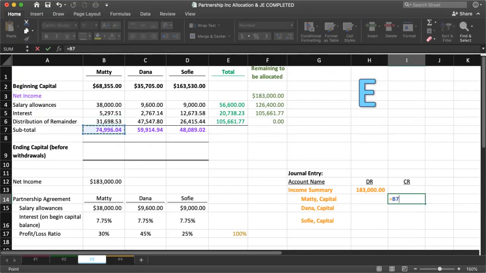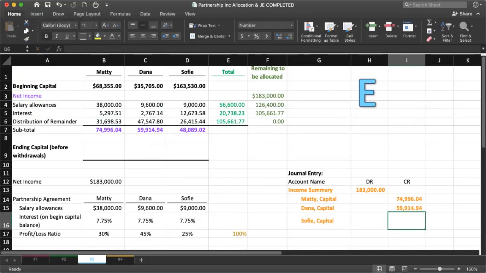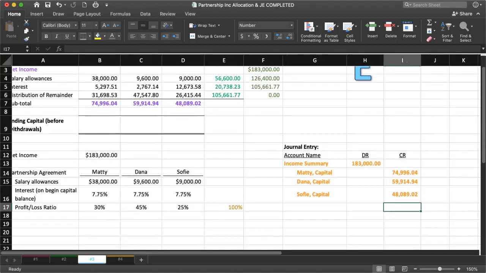So for Mattie, it's $74,996.04. For Dana, $59,914.94. And for Sophie, $48,089.